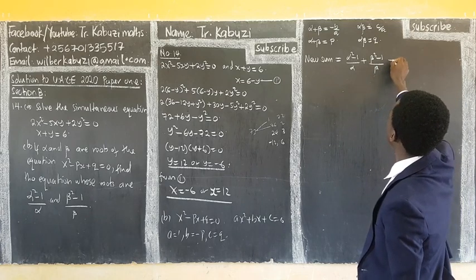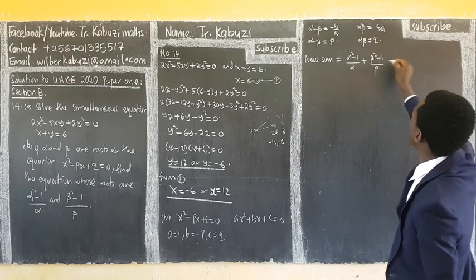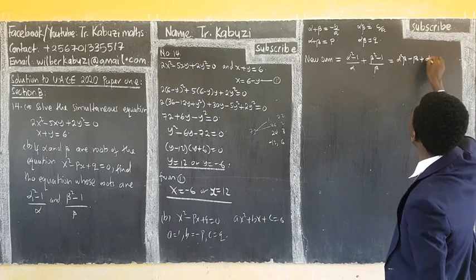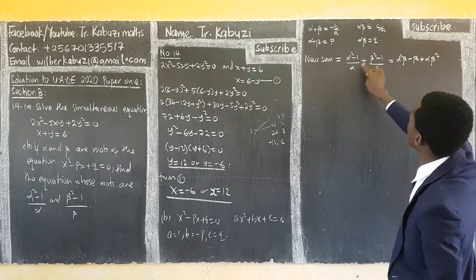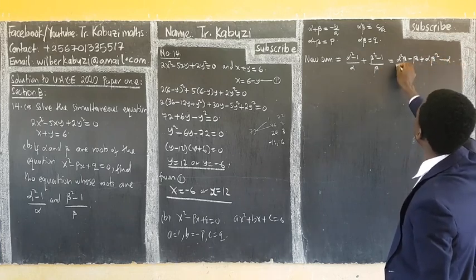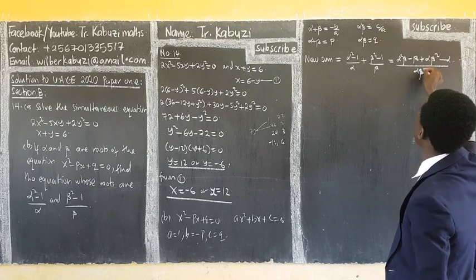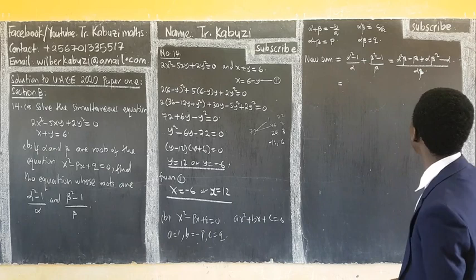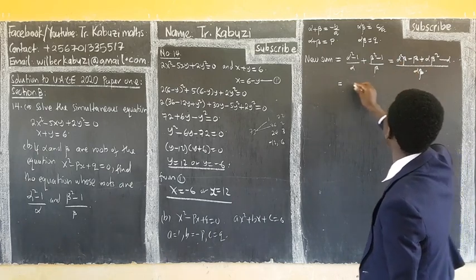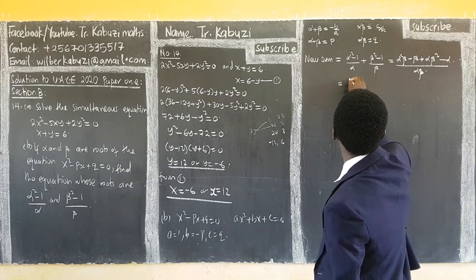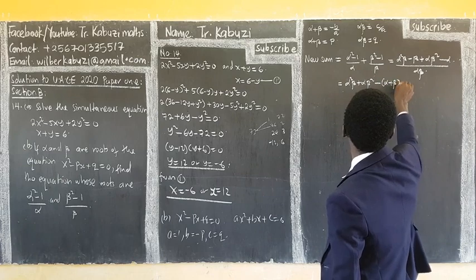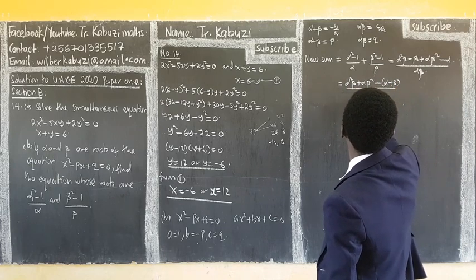So you can see when you cross multiply here, we have alpha squared beta minus beta plus alpha beta squared, then minus alpha, all over alpha beta. So this one is going to give us, now you see if I bring this close, I'll be adding alpha squared beta plus alpha beta squared, then minus alpha plus beta, all over alpha beta.